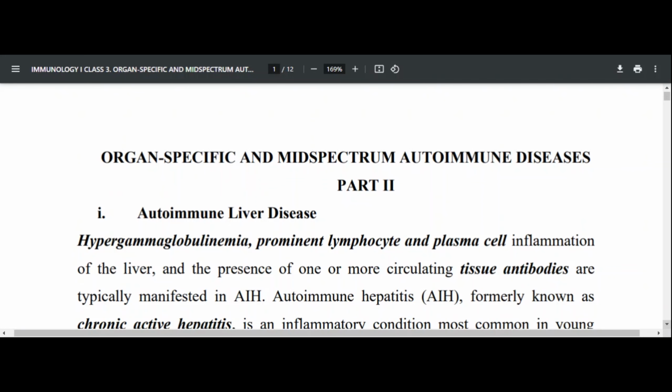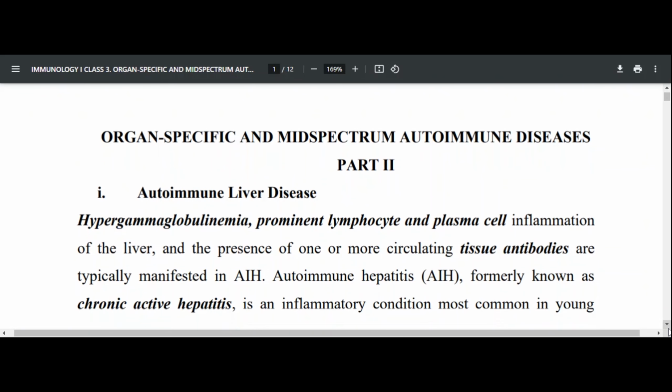Autoimmune liver disease is characterized by hypergammaglobulinemia, prominent lymphocyte and plasma cell inflammation of the liver, and the presence of one or more circulating tissue antibodies, which is typically manifested in autoimmune hepatitis.